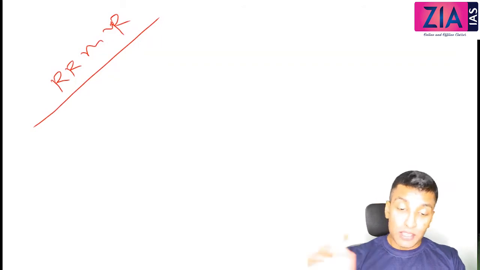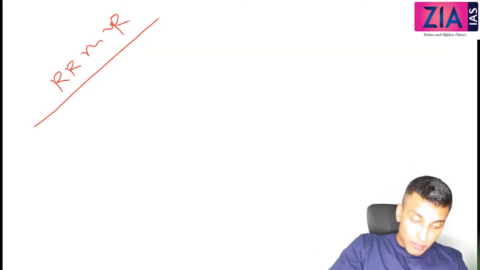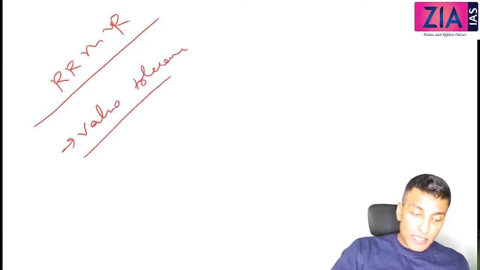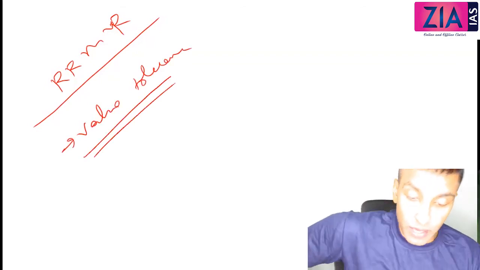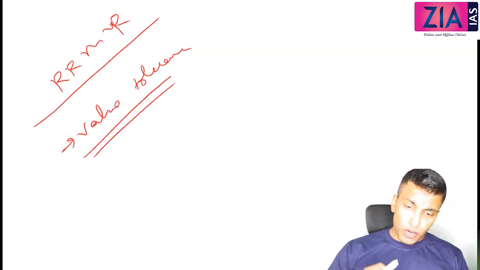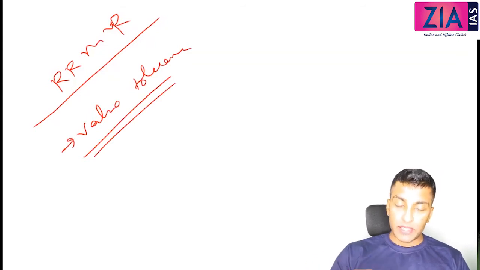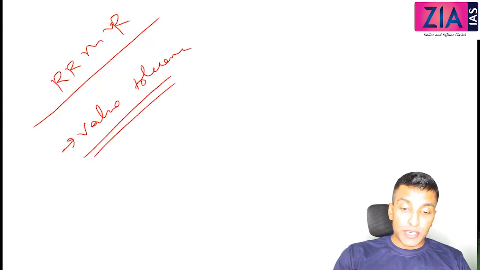How do you manage it? The main solution is actually value tolerance. Value tolerance means respecting others' values. So I may be in total disagreement with all of you, with any of your points, but I should respect that.